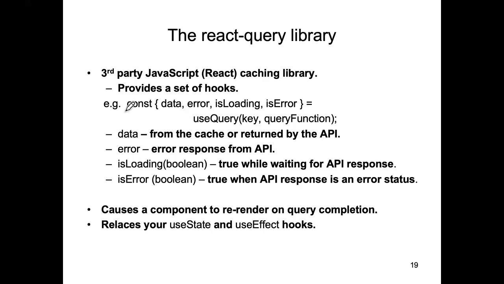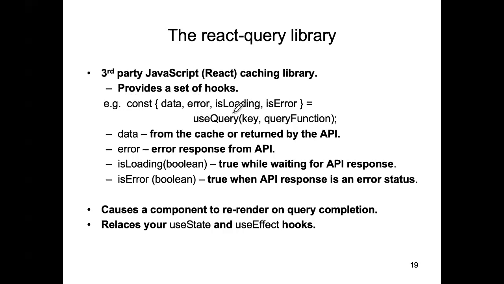Really what we finished up doing is removing any useState and useEffect hooks that we have used up to now. Certainly the useState hooks that were related to managing data that we got from TMDB, and the associated useEffect hooks, can now be taken out and we can replace them with this one nice simple statement here.